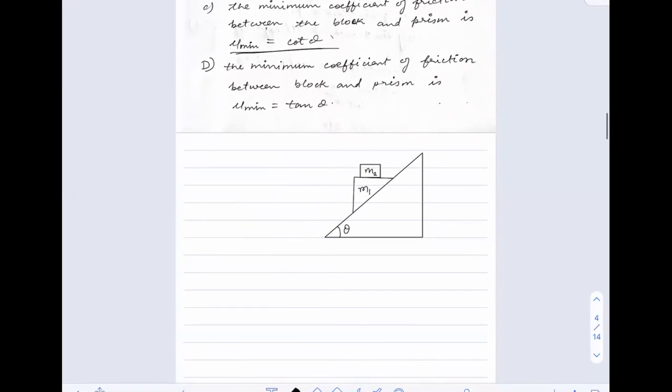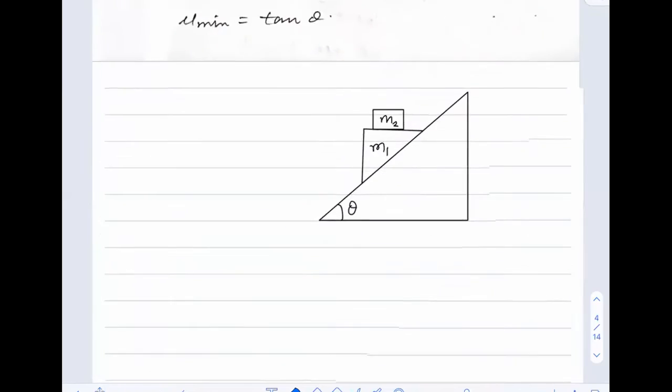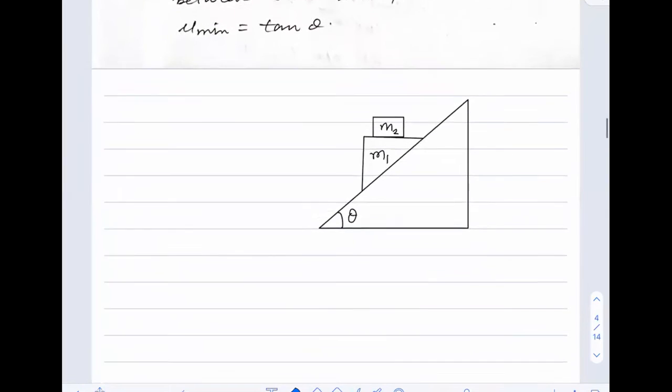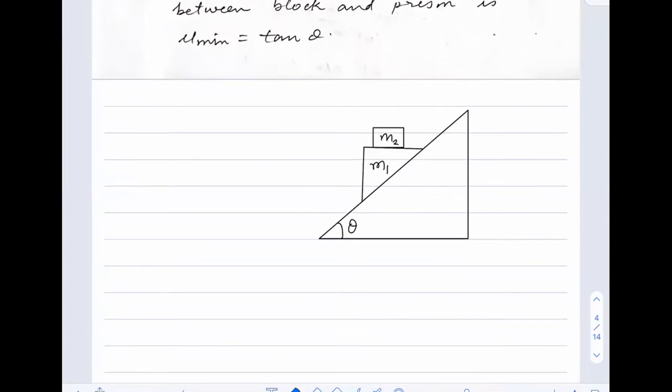Now this is the system that is given to me. In this question, there is a mass with this prism m1. So definitely there will be a motion of this prism m1 in the downward direction, as the contact is smooth.